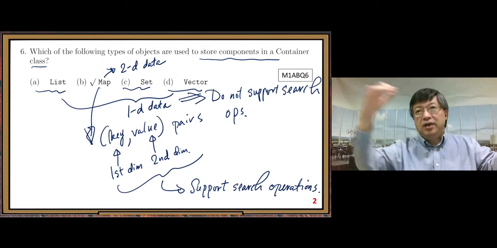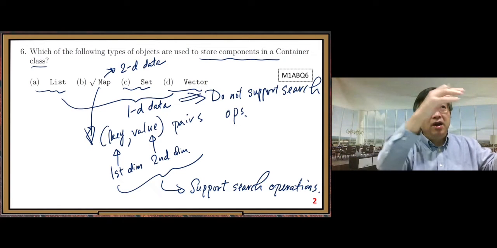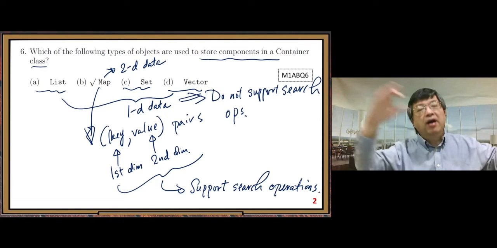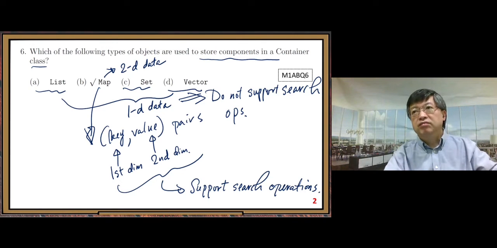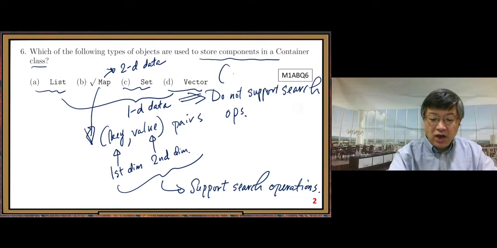Otherwise, you need to keep going until you compare all the data items in the data structure. So that's not efficient. That's basically linear search.